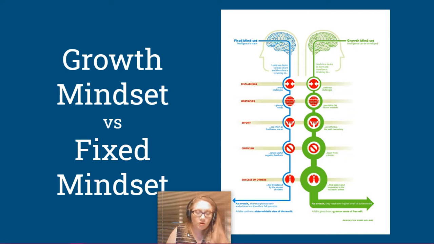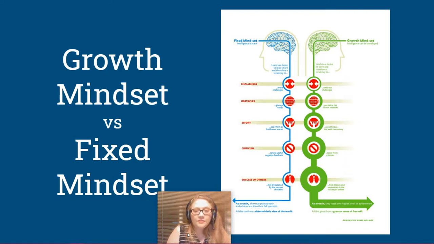This is one you'd see in basically any SEL book when it talks about growth or fixed mindset. When somebody with a fixed mindset encounters a challenge, they're going to try to avoid it. Somebody with a growth mindset is going to be excited by that challenge, embrace it, and want to challenge themselves because they're not afraid of failing.